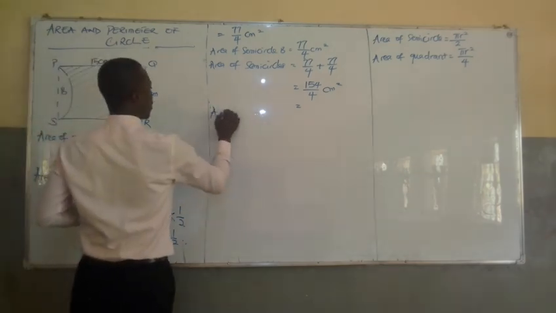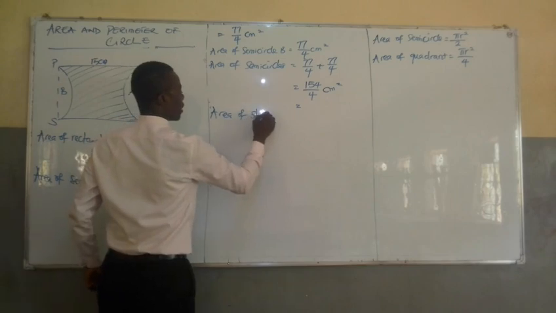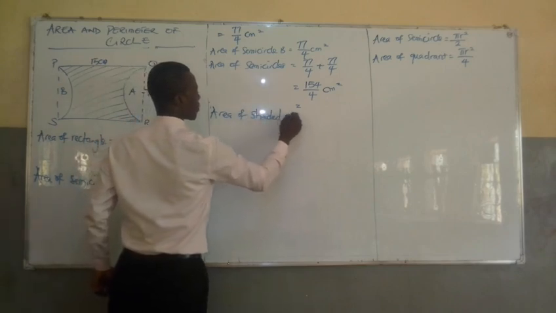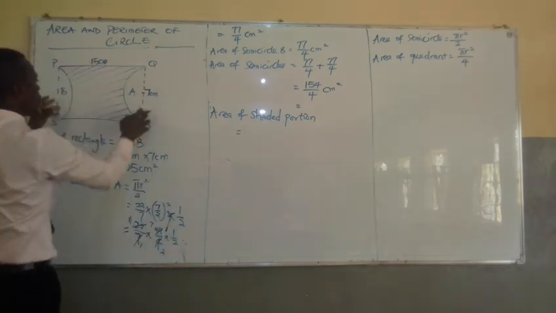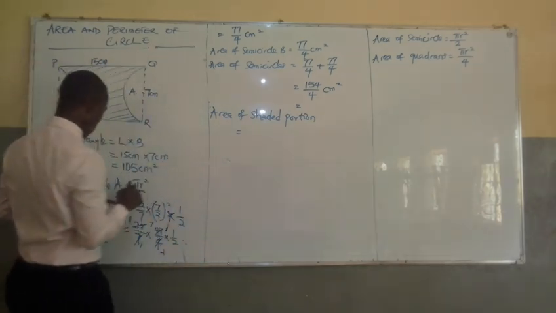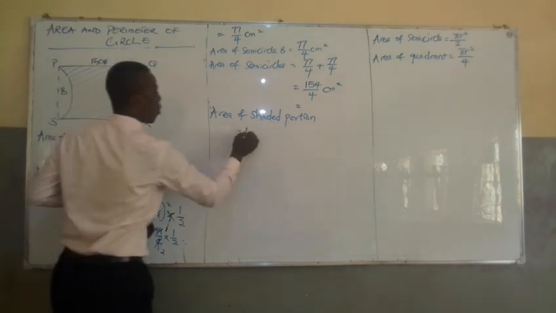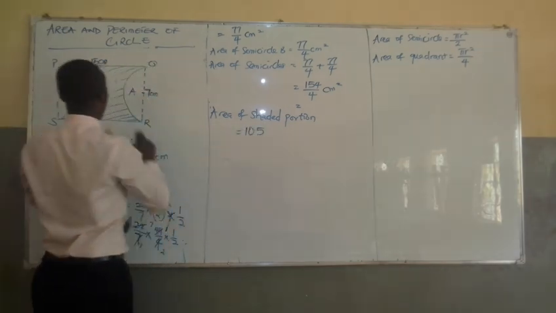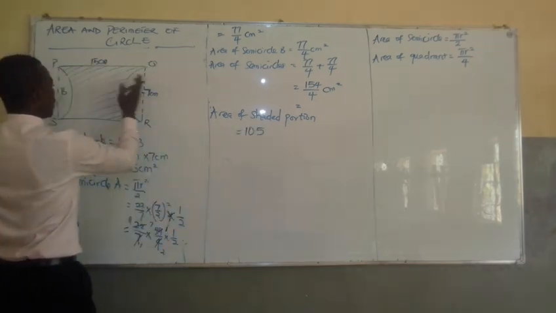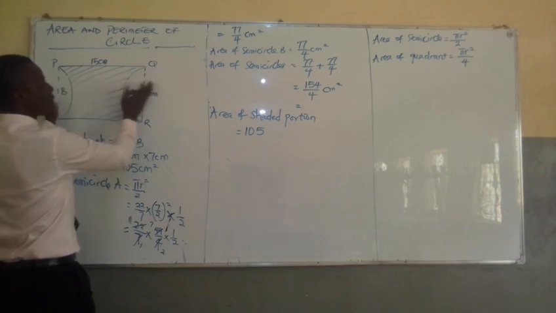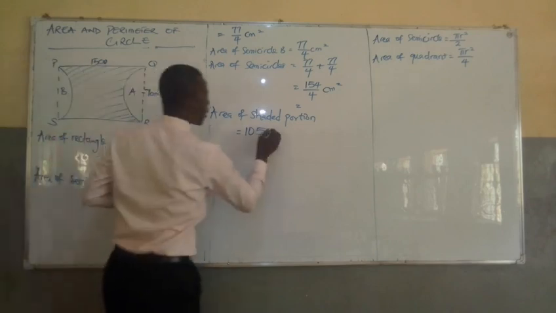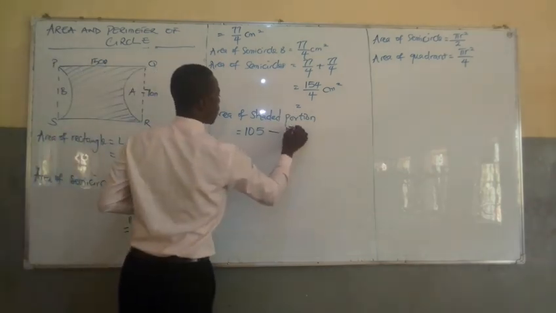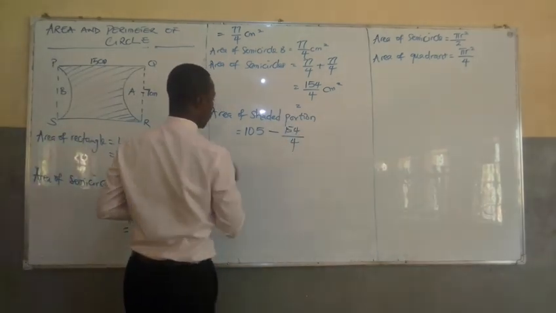So area of shaded portion. The area of shaded portion will be the whole area of the rectangle, which is this, 105, minus, I'm removing all the semicircles. I'm removing this portion that is not needed. So that's minus 154 divided by 4.